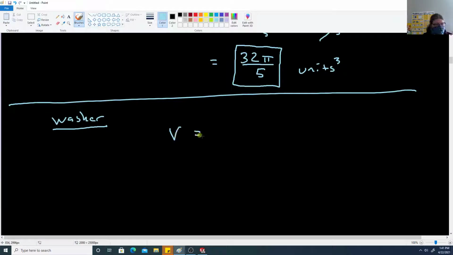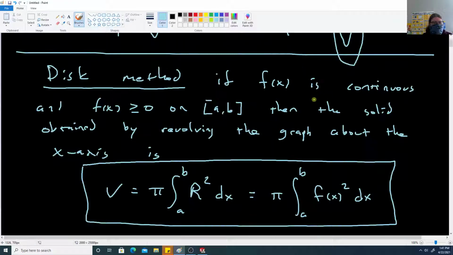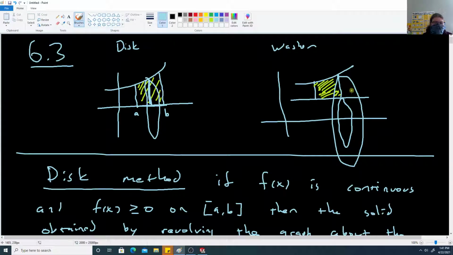The volume for the washer method is going to look similar to the disk method, but you have an outer radius that's set by one of the function values that sweeps the outer circle, and an inner radius that's set by the second function that acts as the radius for the inside circle.